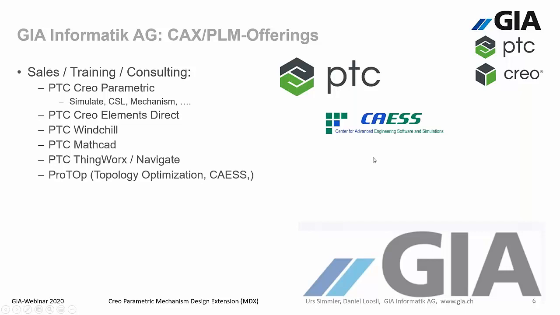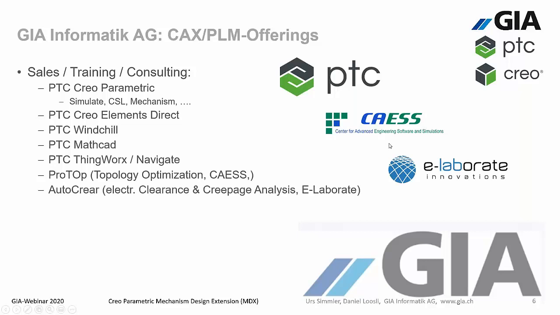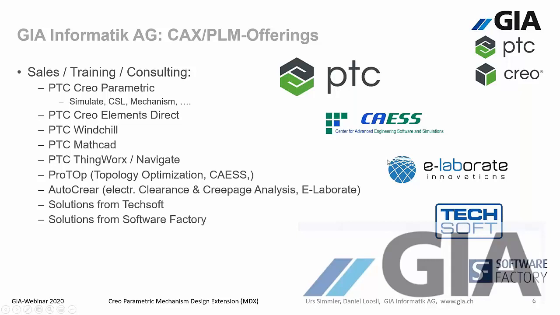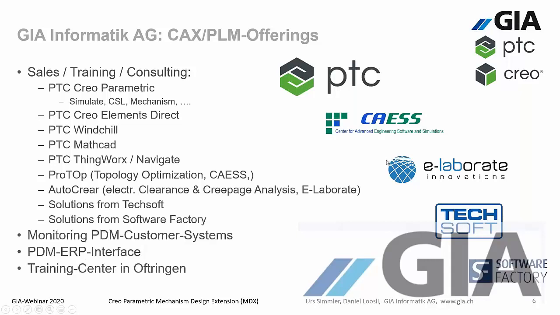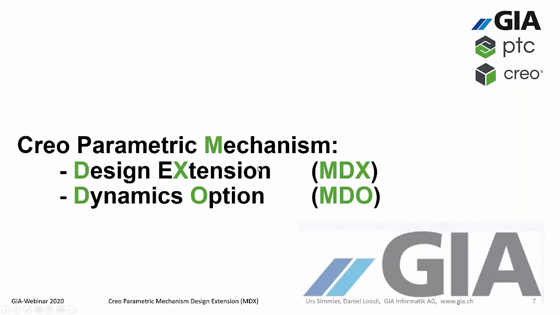As a topology optimization solution, we use ProTop from another Slovenian company called CAESS. We also support you with AutoClear, electrical clearance and creepage analysis from Elaborate. We sell solutions from an Austrian company called TechSoft and from a German company called Software Factory. We are monitoring some customer PDM systems, and we have our own training center in Oftringen.